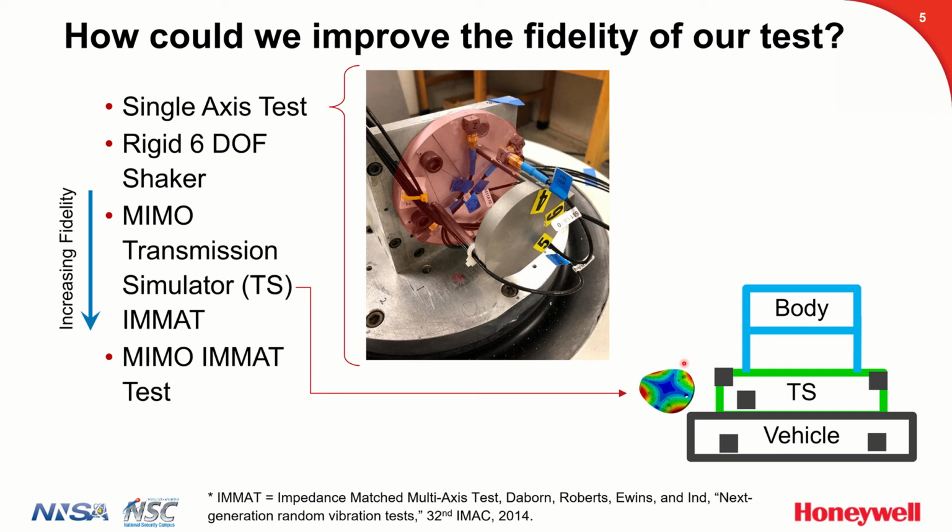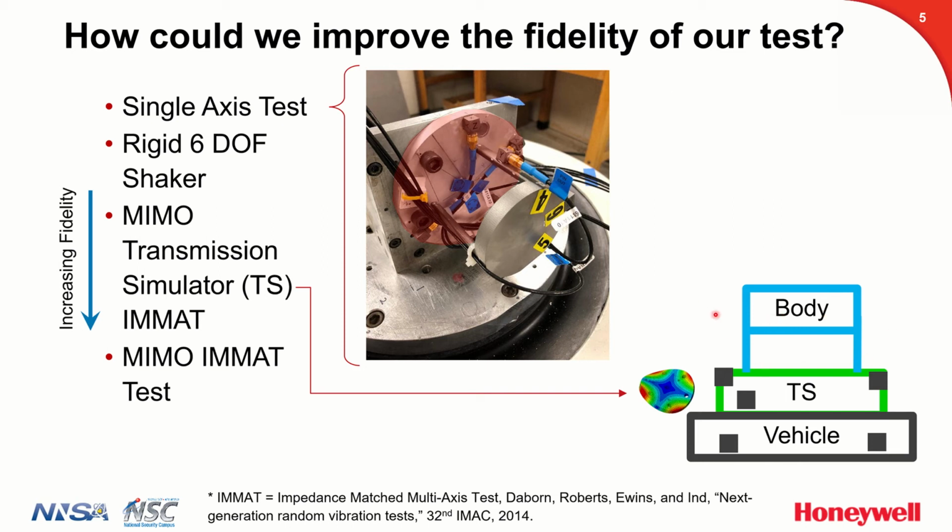One reason we do this is because if we can completely characterize the motion of this transmission simulator, then we should exactly reproduce whatever happens to the body, because any forces that come into the body have to come through that transmission simulator. I guess we should say any forces except acoustic forces.